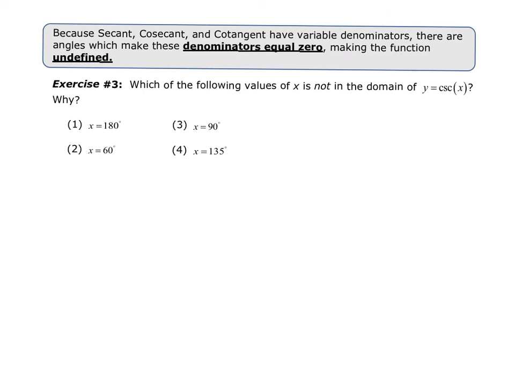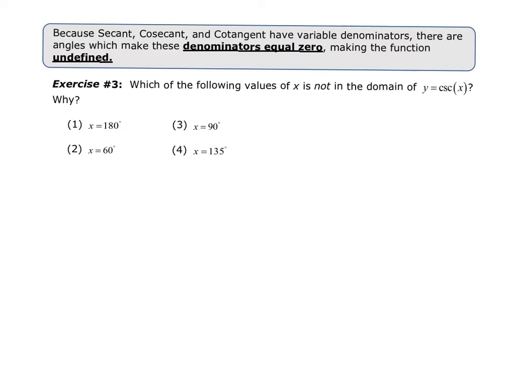Because secant, cosecant, and cotangent have variable denominators, there are angles which make these denominators equal to 0, making the function undefined. We talked about this a little bit in the last lesson. Which of the following values of x is not in the domain of y equals the cosecant of x? Okay, so basically by them saying what's not in the domain is asking what is going to make the denominator 0.